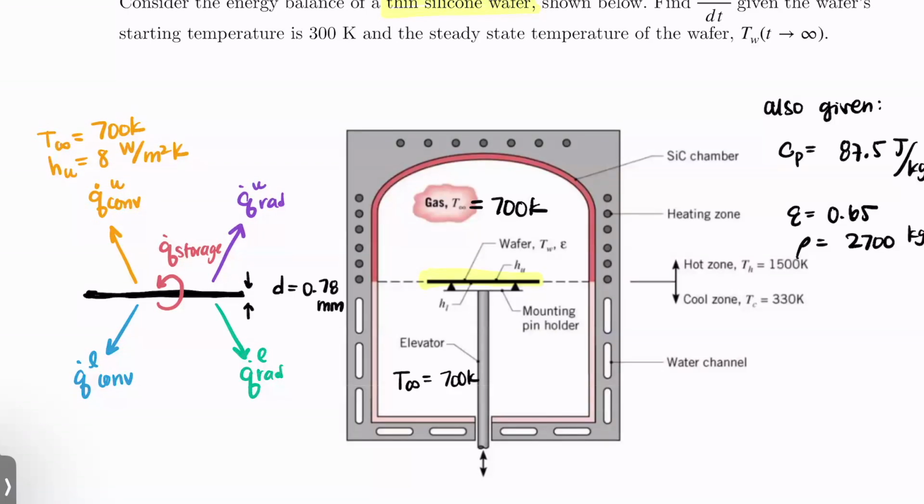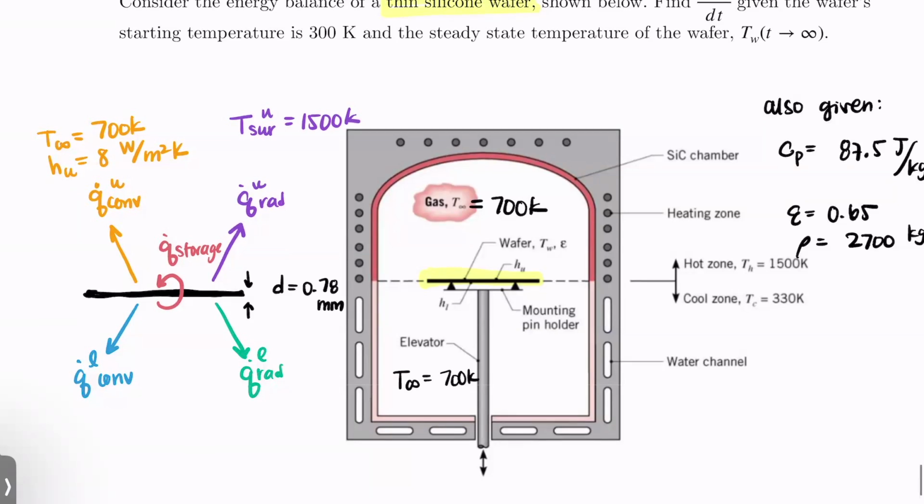For the radiation, we need our surroundings temperature. That's given to us in this chart. So that's our hot zone. T_H is 1500 K.